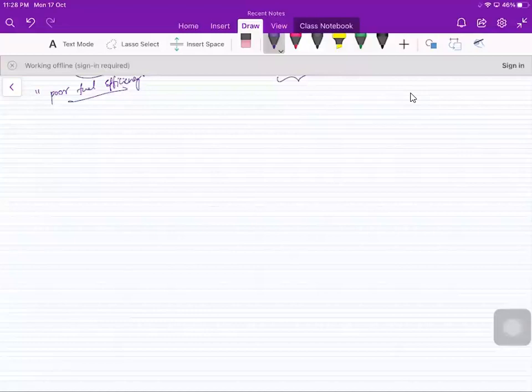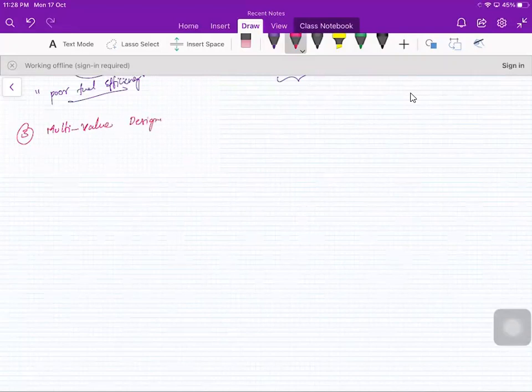Now we'll see the third type, that is multi-valve designs and air spill effects.